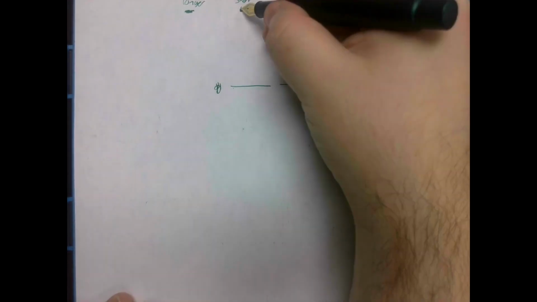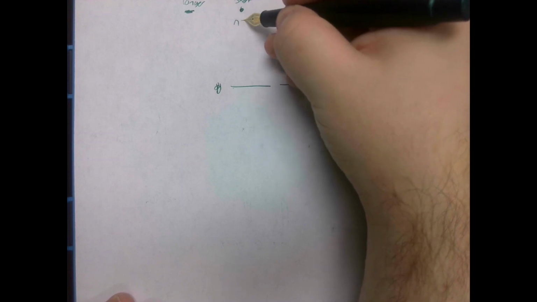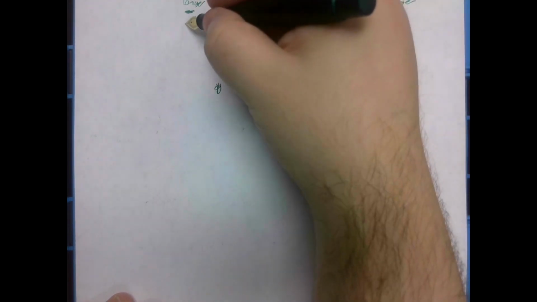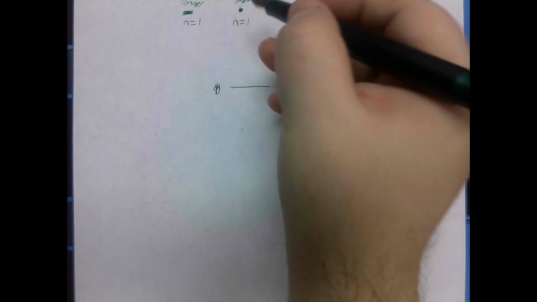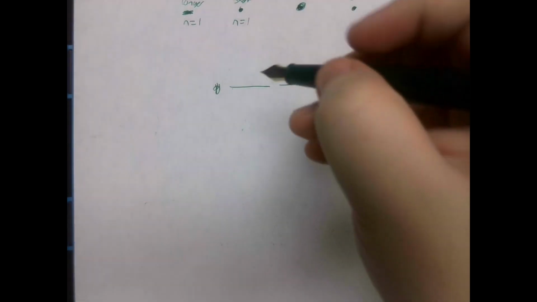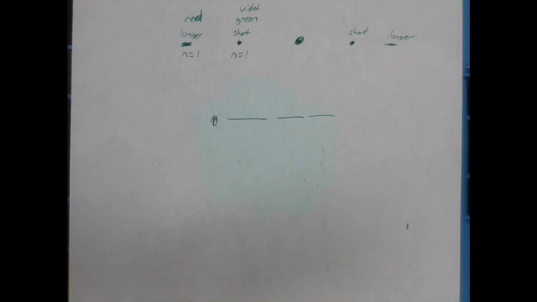So this is n equals 1 for the short, and n equals 1 for the longer one, and they're more spread out, while this is more defined to a single point here. So short will be something like green. Longer will be something more like red. The shortest, of course, is violet, out of the visible light, at least.